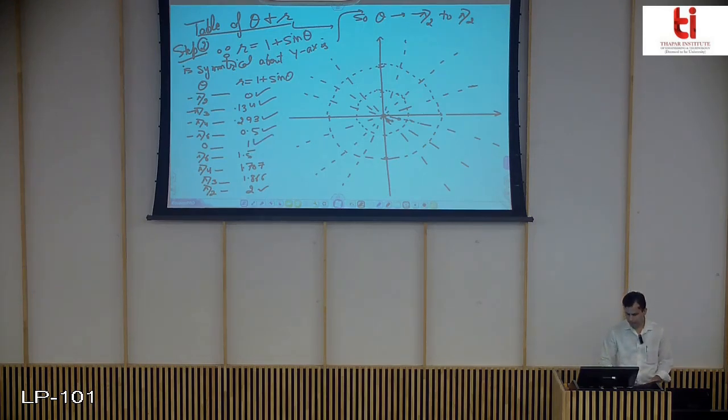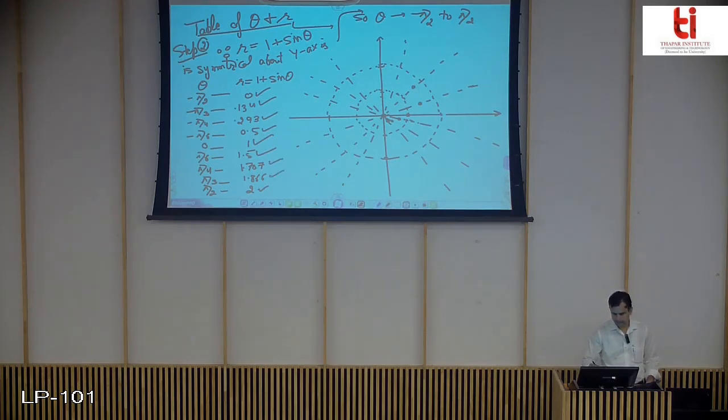Then 0: you are at the origin looking in the direction of 0, and r is 1. So this is 1. Now 30 is this ray, and r is 1.5, somewhere in the middle between the first and second unit. Next is pi by 4, r is 1.7, approximately somewhere here.